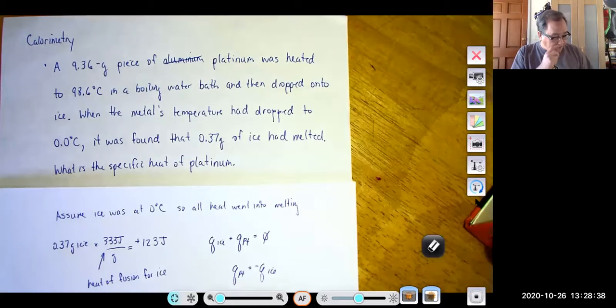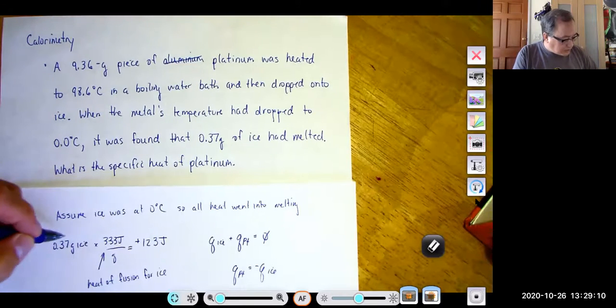Minus 98.6 degrees Celsius was the initial temp. So when we work all the numbers, you can see basically we have 123 divided by 98, or 100, which is 1.23. And 1.23 divided by 9.36 is, I don't know, 0.12. So 123 divided by 9.36 and divided by 98.6, and we get 0.13 joules per gram degree Celsius.